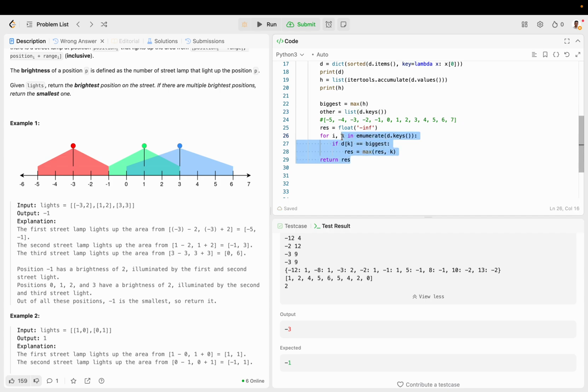So now for i, p in enumerate other, if h of i is equal to the biggest, then we can just return p, right?